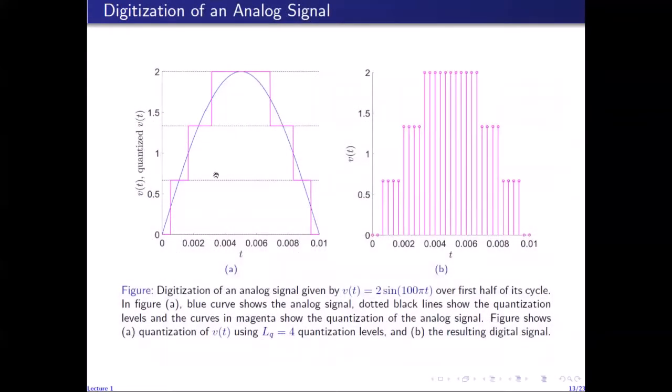For example, considering this quantization step, all of the analog values which lie within the lower half are mapped to this level, and those which lie in the upper half are mapped to this level.